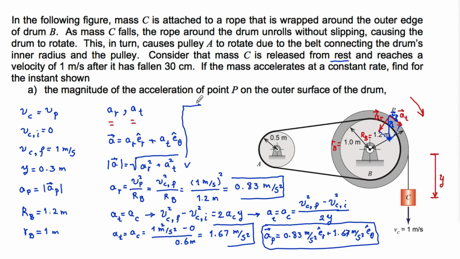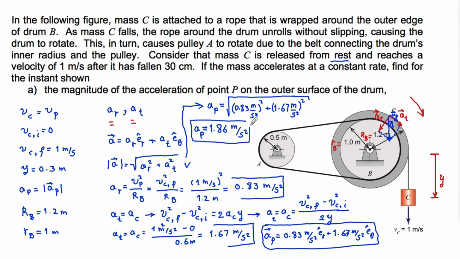So A at point P is the square root of 0.83 meters per second squared to the power of 2 plus 1.67 meters per second squared to the power of 2, and after calculating this square root, we get the acceleration of point P as 1.86 meters per second squared. This is for part A.